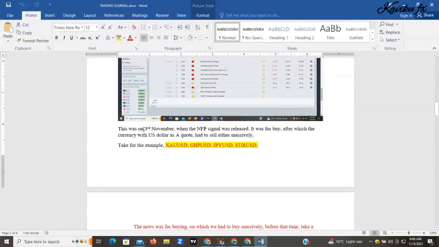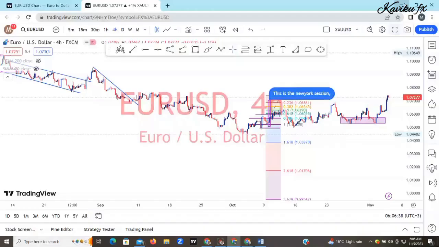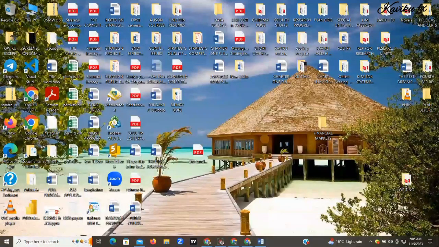Now this was on 3rd of November, where the NFP signal was sent into my Telegram group. Maybe to get to the end of my Telegram group, I can give an explanation. Here it is, where we call it Kaviku Blue Blizzards Community, and it's free of charge when you are joining.